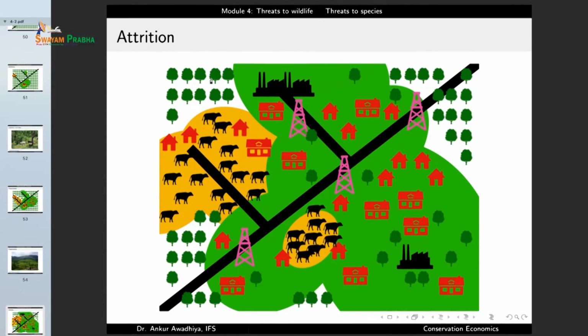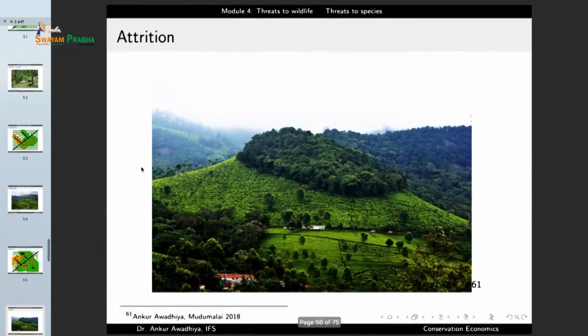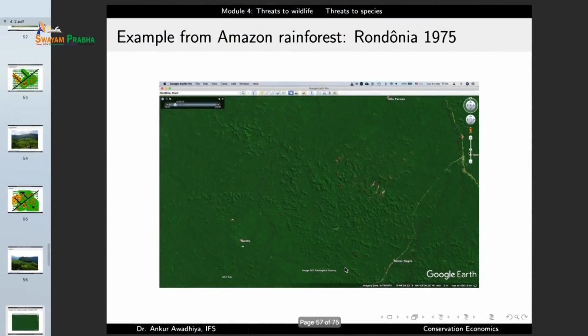And so with this process of attrition, we have very small parcels that are left. This is an example. This was a beautiful hill covered with forest, but through the process of attrition, we only have this small patch of forest left in this area.